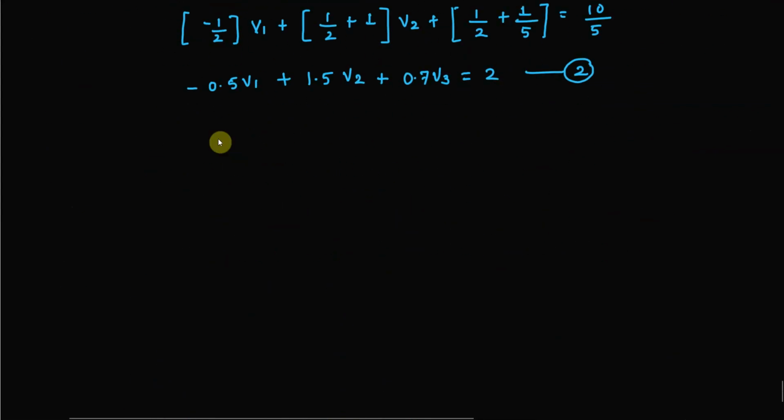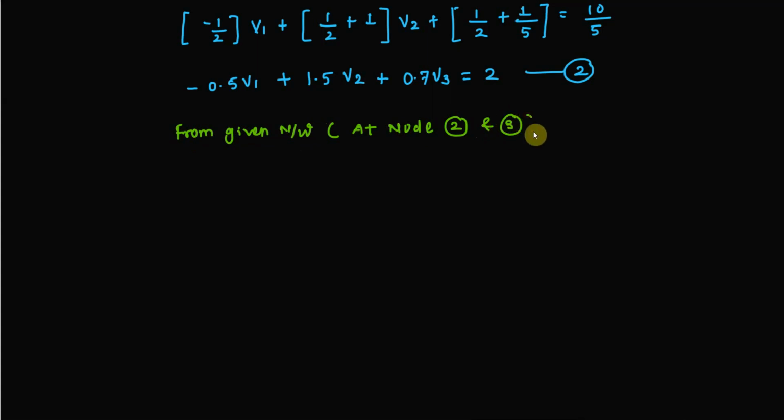So we can write from the given network, at nodes 2 and 3, what we observed here is that V2 minus V3 is a potential difference, and this potential difference is equal to 20.